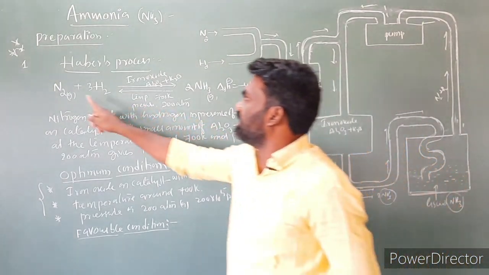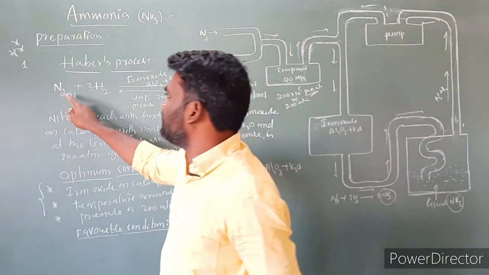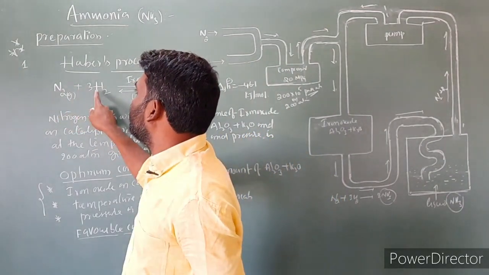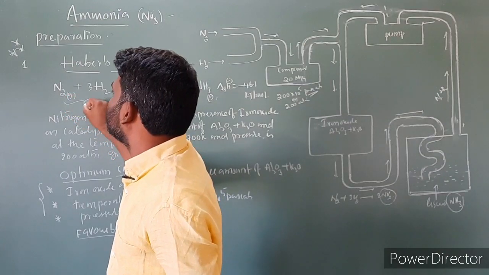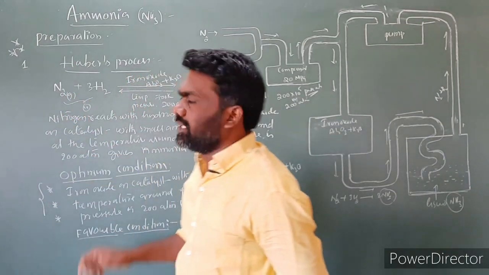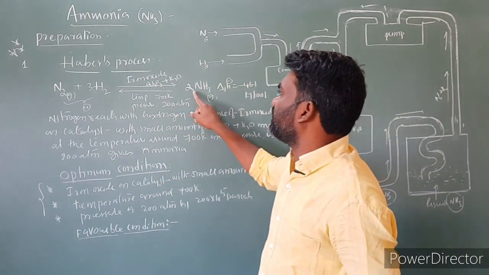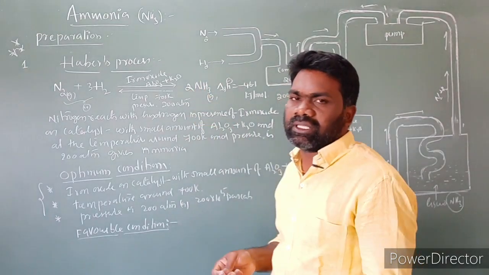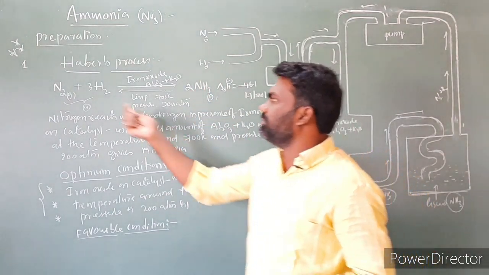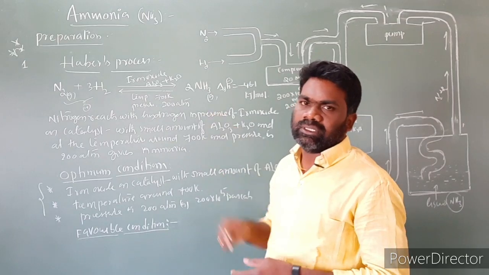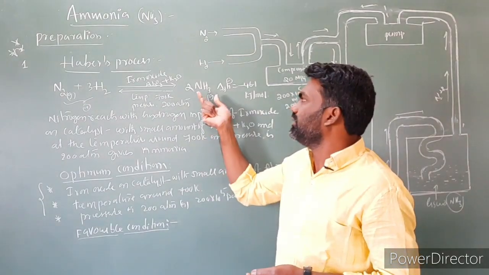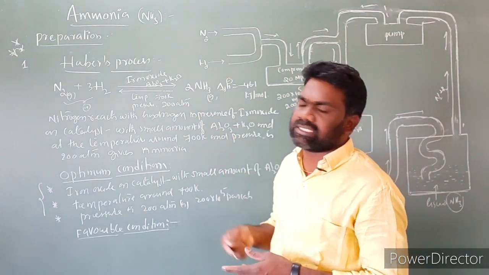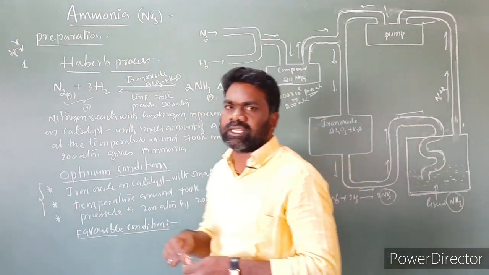So whenever the pressure increases, the equilibrium shifts towards the right hand side. So high pressure is favorable for manufacturing of ammonia. Pressure increases, more amount of ammonia is going to get formed.